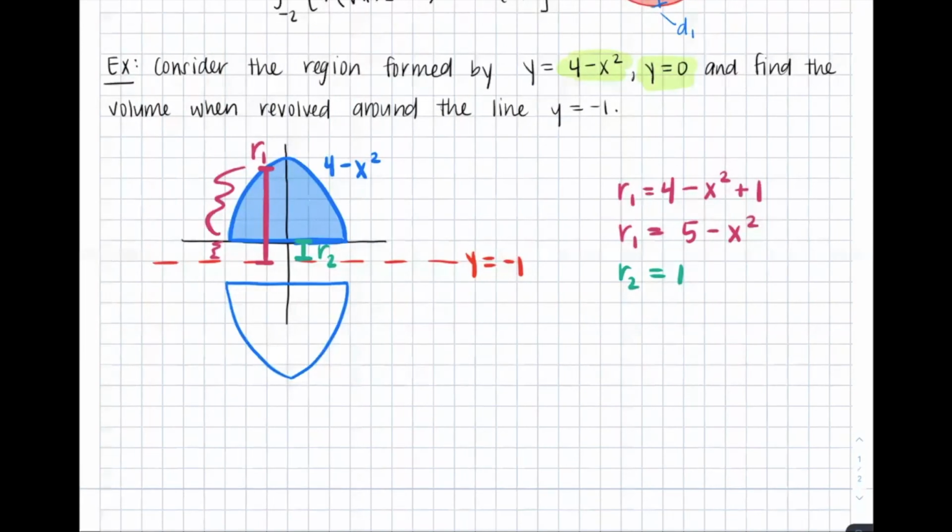Since the line y equals 0 is just the x-axis, that's just the x-intercepts. So what are the x-intercepts of 4 minus x squared? Yeah, 2 and -2. So you're going to do pi r1 squared minus pi r2 squared, and then integrate that with respect to x.